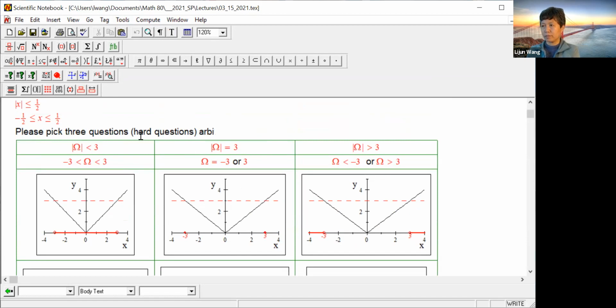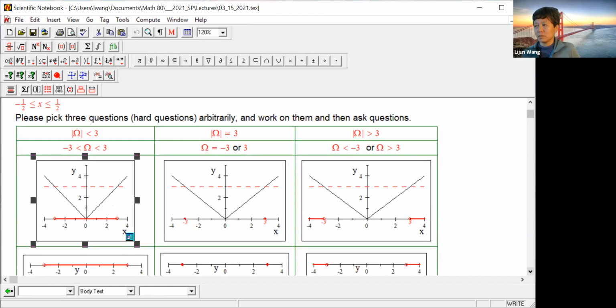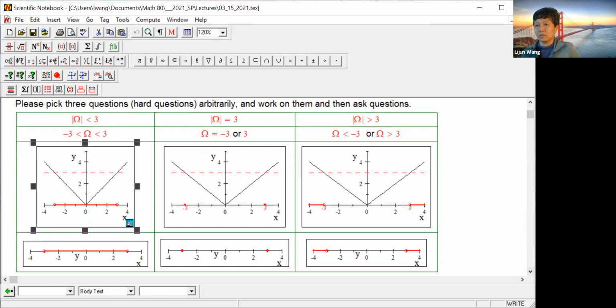You can pick any 3 questions arbitrarily and work on them, and then ask questions, in alpha 16A.